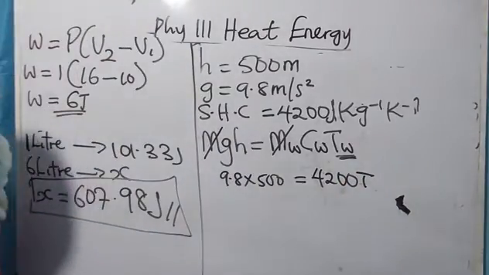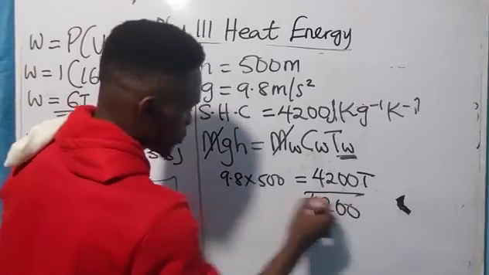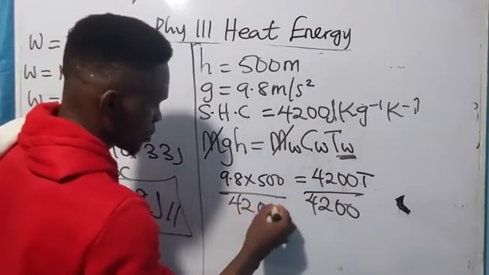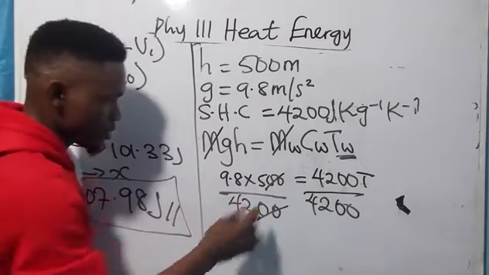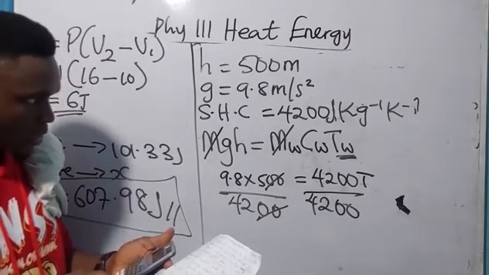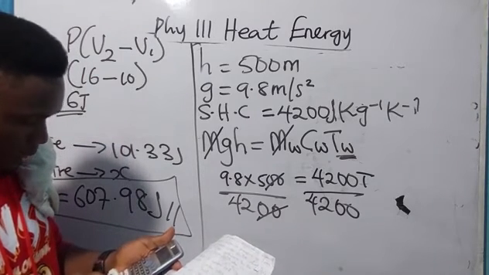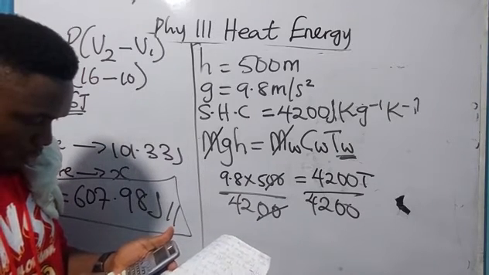All right, what do you do next? Divide both sides by 4200. So this will go into this. So 9.8 times 5 equals, divided by 42.